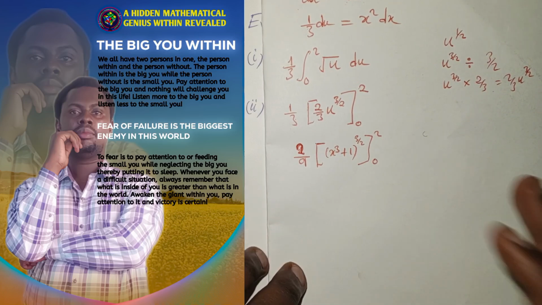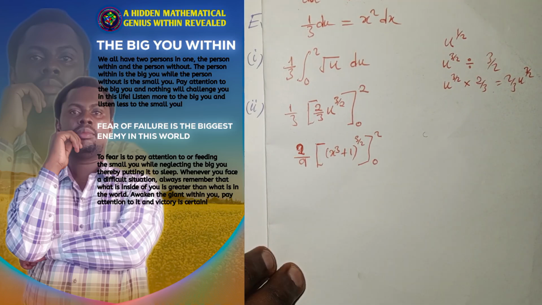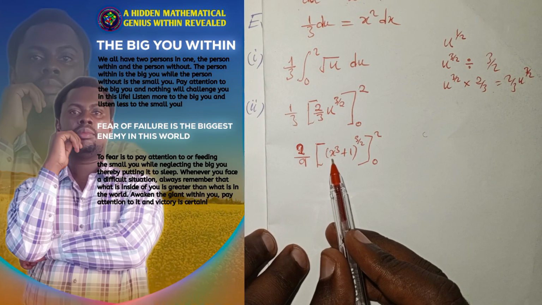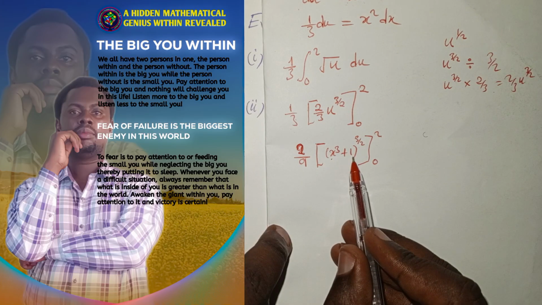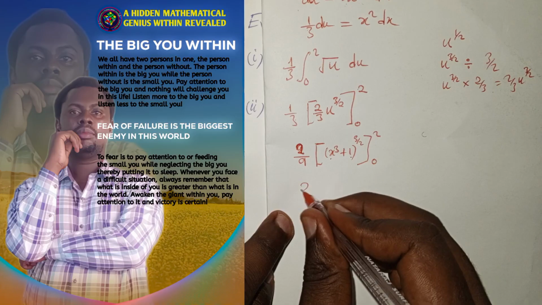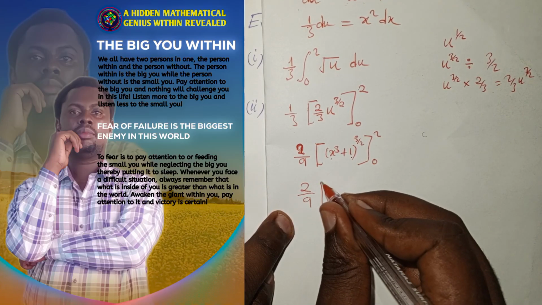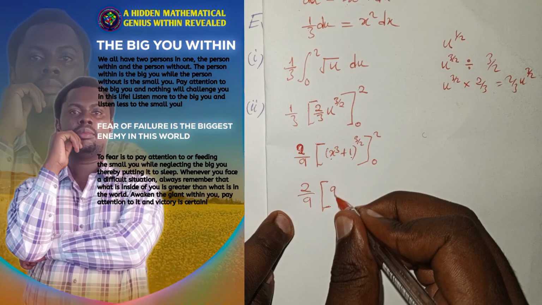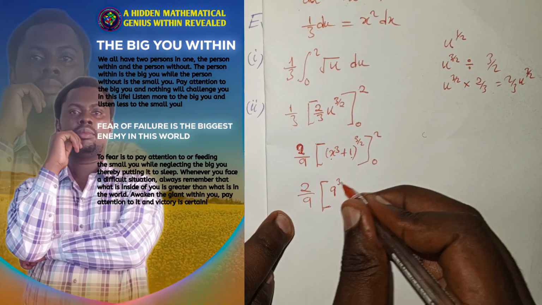The upper limit should subtract the lower limit. For the upper limit, where there is x, we put a 2. 2 cubed is 8, 8 plus 1, you get 9. So we have 2 over 9, then in brackets, 9 to the power 3 over 2.